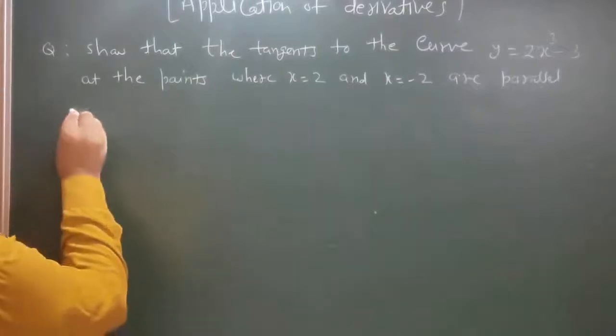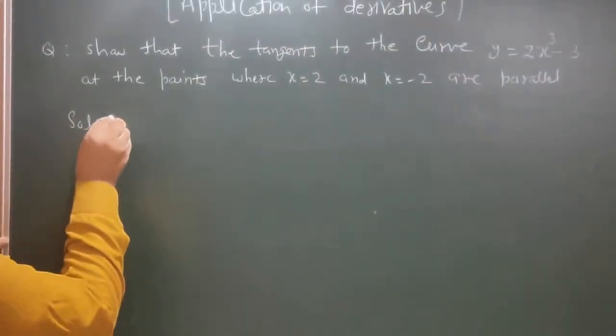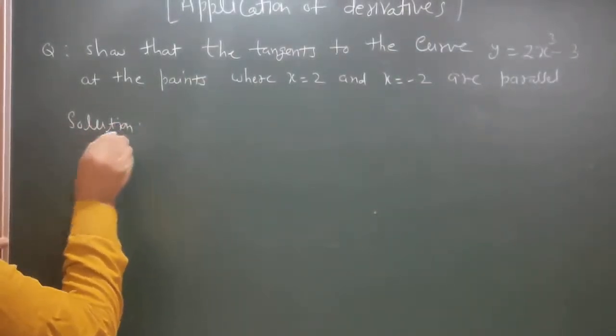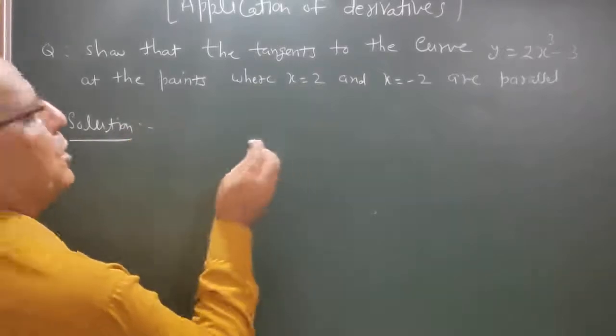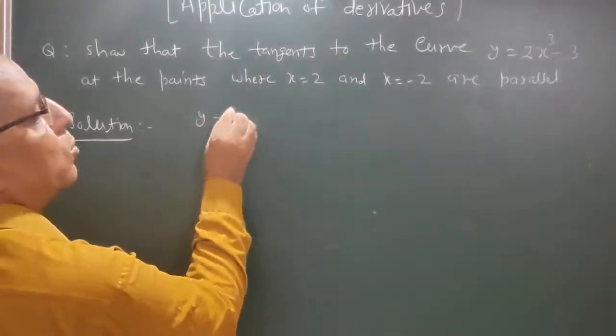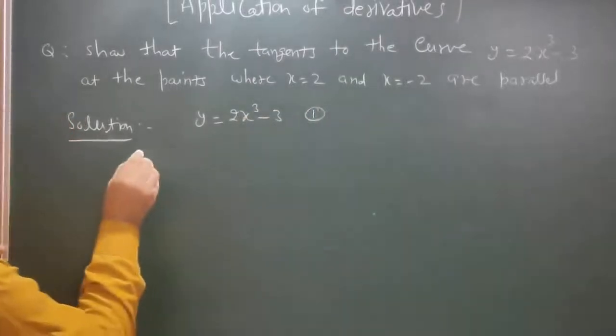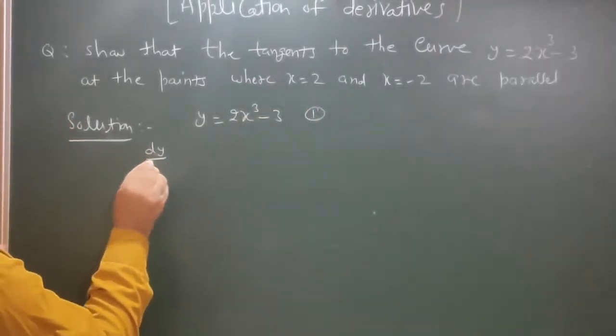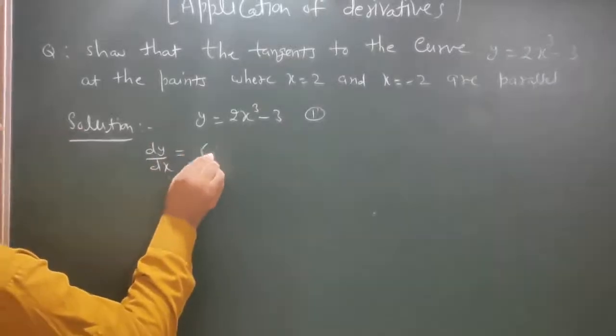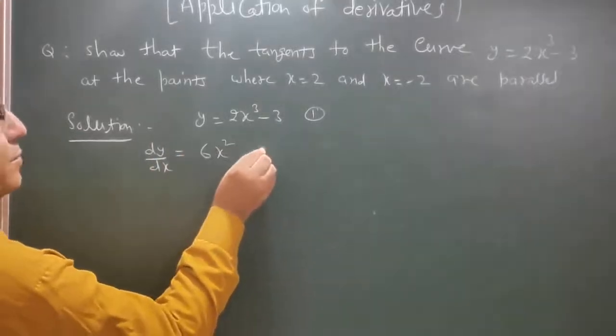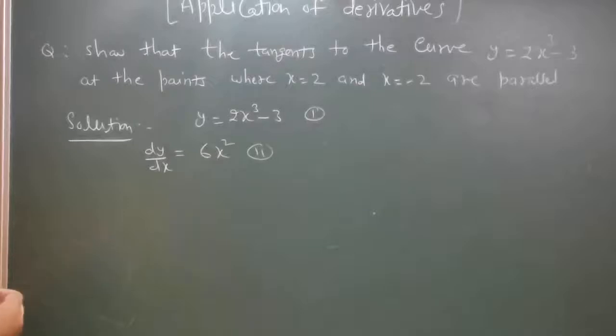Now first we find the differential of y with respect to x. So y equal to 2x cube minus 3. This is the given curve. dy over dx equal to 6x square. This is dy over dx.